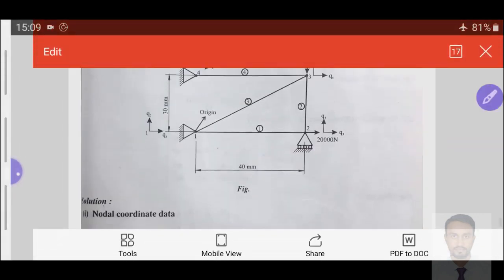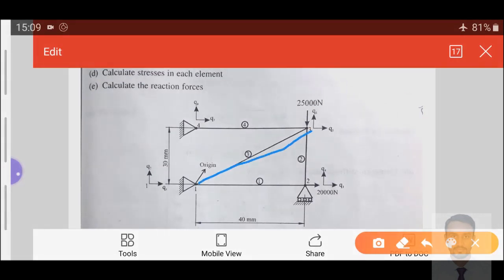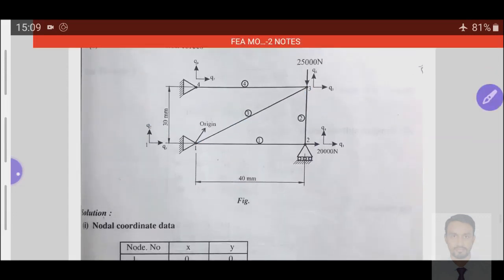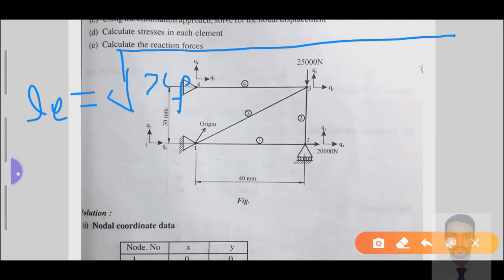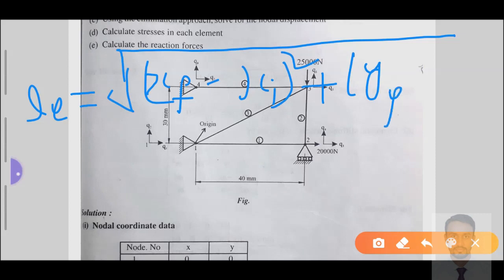And the length of element number 3 is inclined. It is not parallel to this 40 and not parallel to this 30. So how do we find that? We use the distance equation: LE equals the square root of (x final minus x initial) whole square plus (y final minus y initial) whole square.